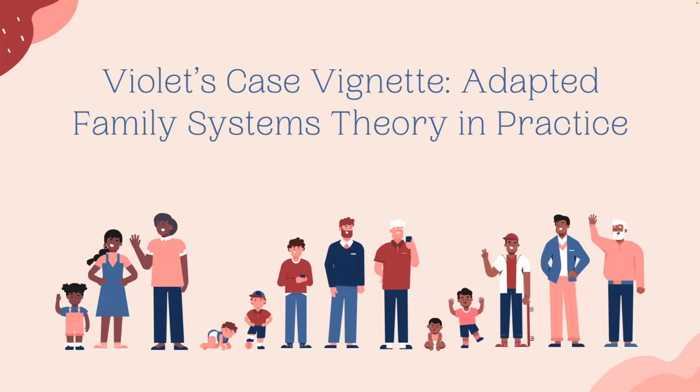At the time of her removal, Violet and her family were assigned a social worker who was employed by DCBS to assume custody of Violet while she was in foster care. Their social worker, Michelle, received her MSW and learned about this adapted family systems theory in her education curriculum.